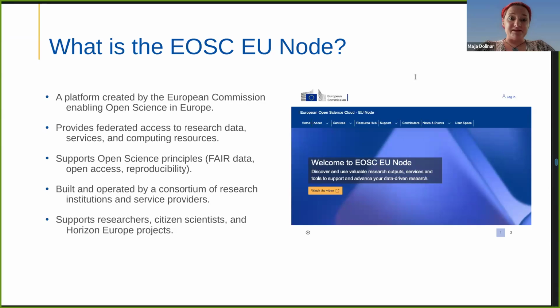But this platform now enables researchers to access and share publicly funded research outputs across disciplines. It supports open science principles such as, as we already heard, FAIR data, open access, reproducibility. And this platform is built and operated by a consortium of research institutions, which ensures compliance with Horizon Europe's open science policies as well.